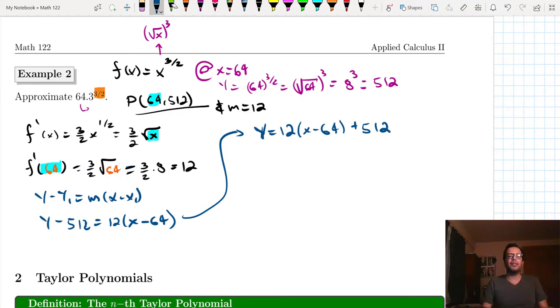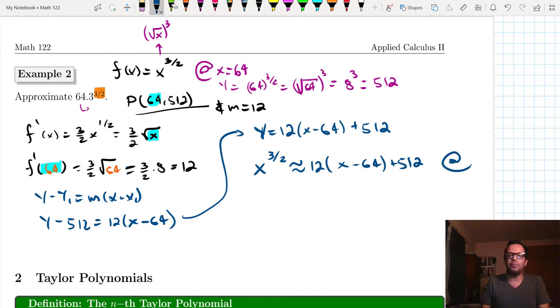All right. Now, they want us to approximate 64.3, but before we do that, we need to conclude that x to the 3 halves is approximately 12 times x minus 64 plus 512, only at the point, let's be specific, where x equals 64.